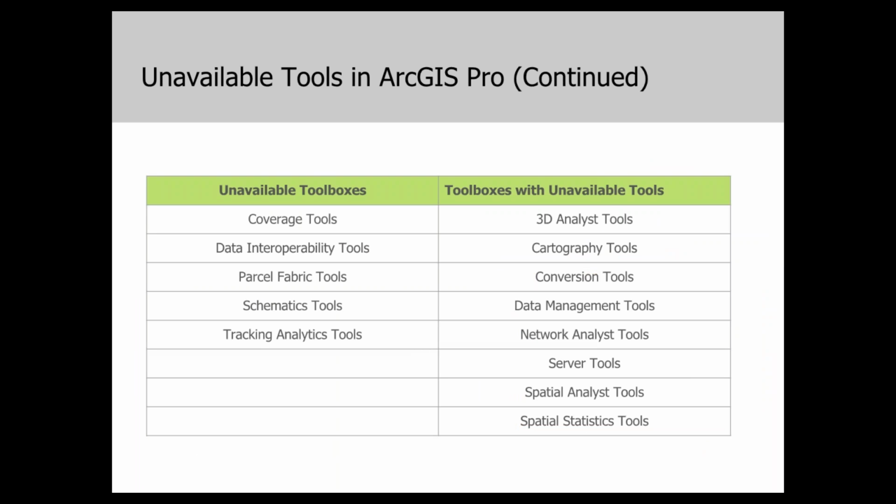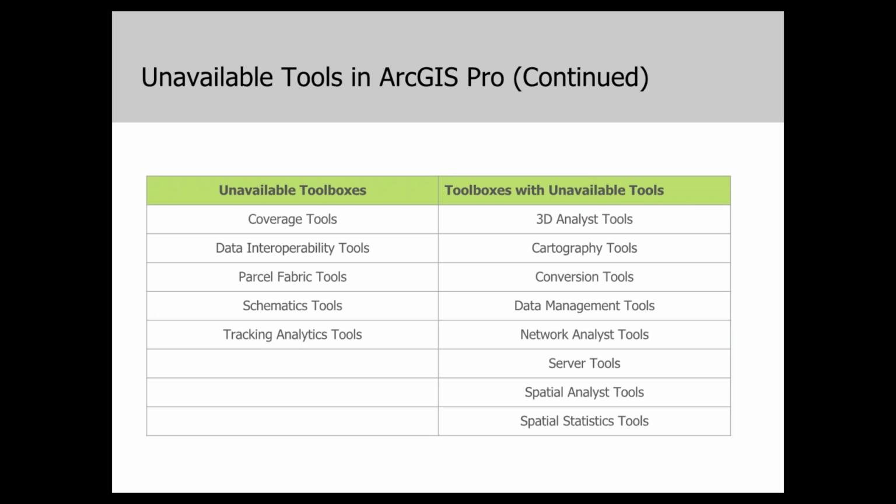Continuing on, and I have a link for this as well at the end, the toolboxes on the left are completely unavailable in ArcGIS Pro. On the right, we have toolboxes that have a few tools that are not currently ready yet. I like to mention conversion tools. Many are related to old formats such as E00s and coverages.